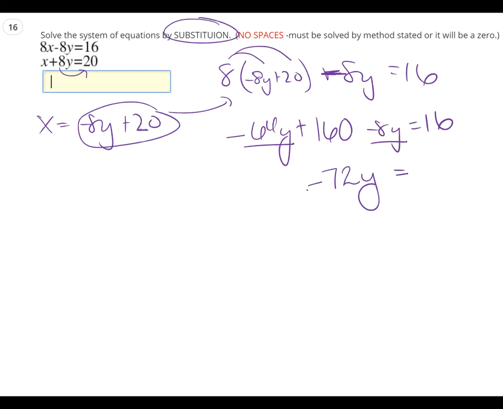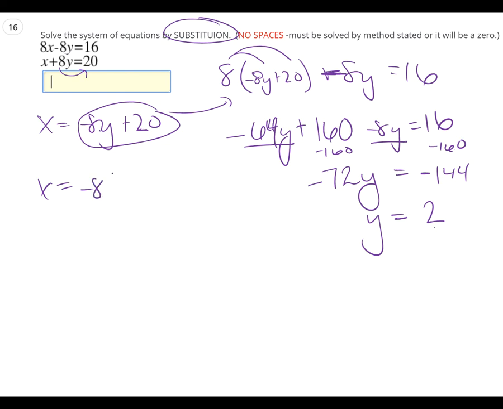Use your calculators, please. They're both on the same side of the equal sign, so combine like terms. Now I'm subtracting 160, an inverse operation. So what's 16 minus 160? Negative 144. Divide by 72, we get positive 2, right?